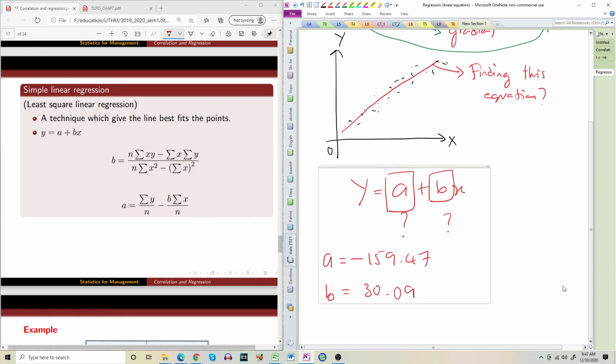And when you want to write the equation, y equal to negative 159.47 plus 30.09 x, or you write like the normal thing, 30.09 x minus 159.47.